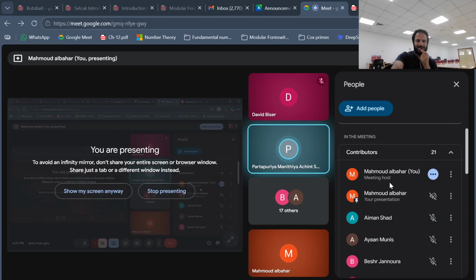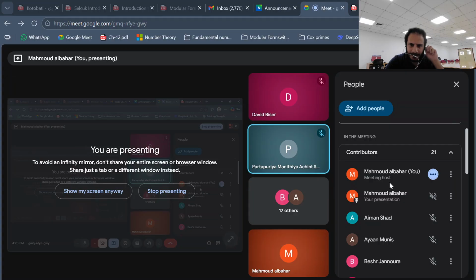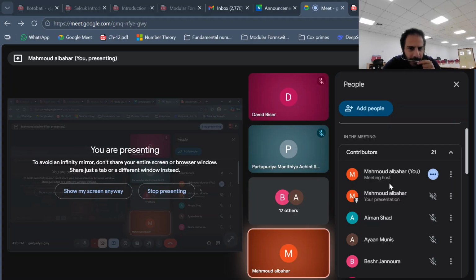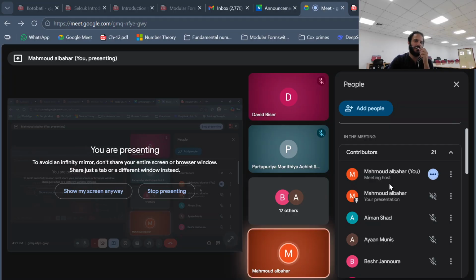Professor, by the way, we don't have Newton's method for this midterm. Yes, I think it will be in the end semester. I was saying that we don't have Newton's method for the upcoming midterm. Yes.